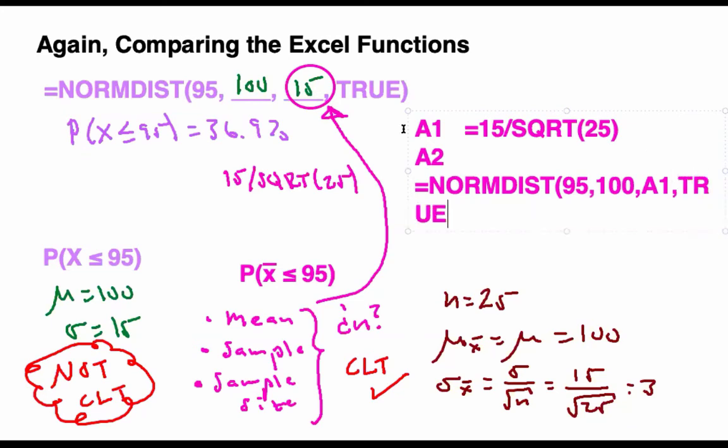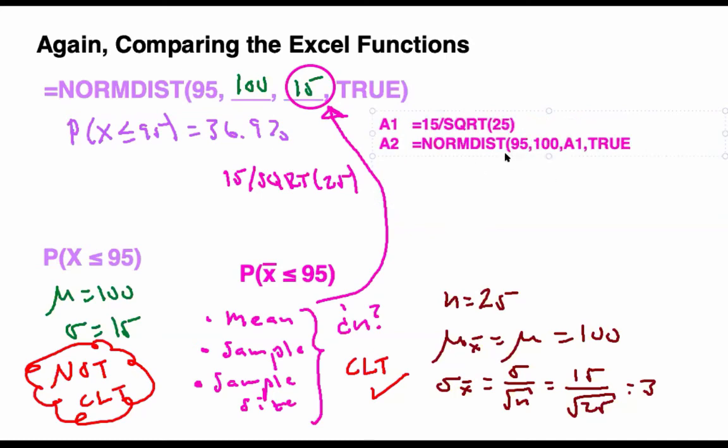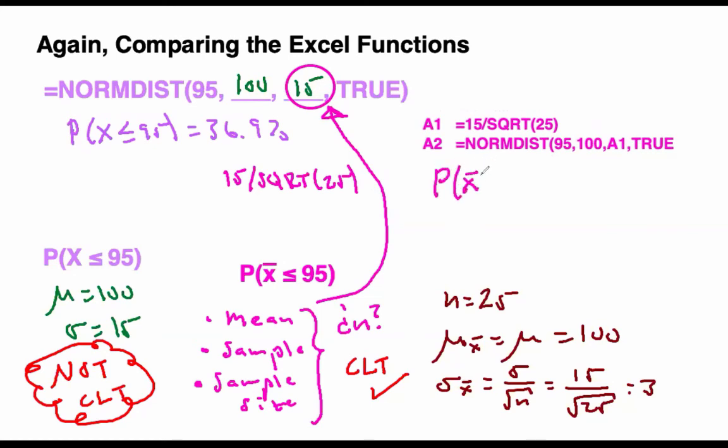In cell A2, I would enter equals NORMDIST 95, 100, A1, true. This is what I would enter in Excel, and it would give the desired result for the probability that the mean is less than or equal to 95 for samples of size 25. And the probability here is only 4.8%, which is noticeably less than our previous probability of 36.9%.